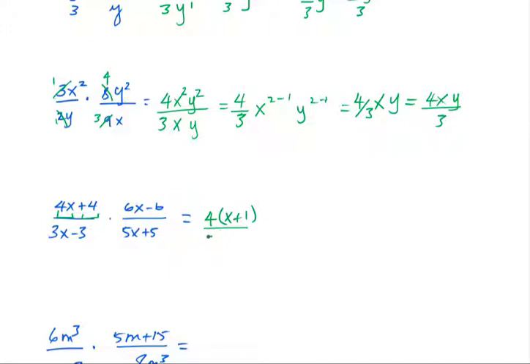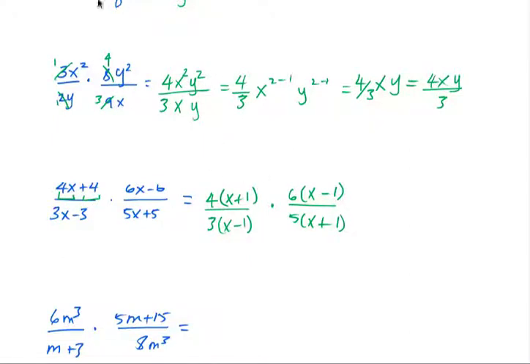Over, we can take a 3 out of here and we're left with x minus 1, times, we can take a 6 out of here and we're left with x minus 1, and we can take a 5 out of both terms here and we're left with x plus 1. Interesting. So let's take a look at this quickly.